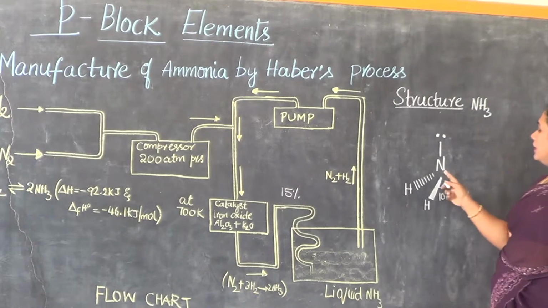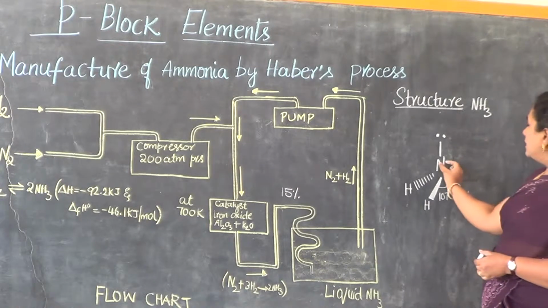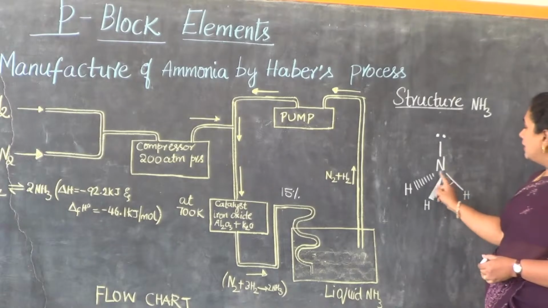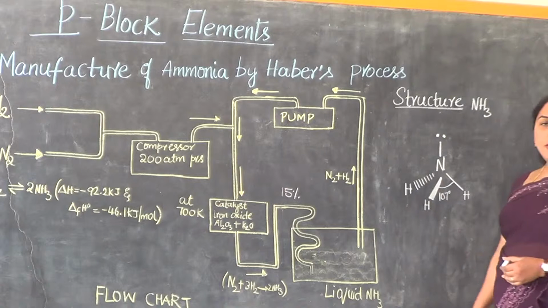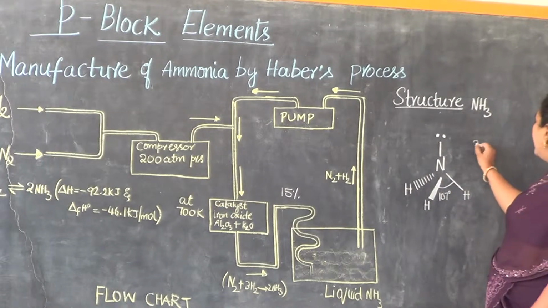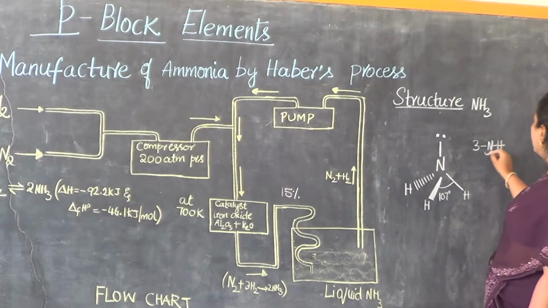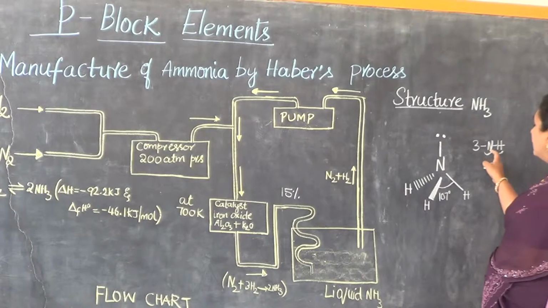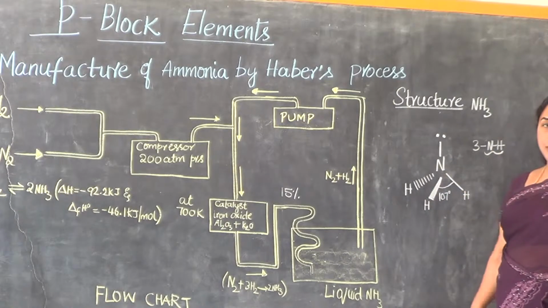It is known to be present like this, wherein the nitrogen atom is present at the apex, and this nitrogen atom is combined with 3 hydrogens, forming 3 N-H bonds. We have the presence of 3 nitrogen-hydrogen bonds. Each hydrogen has 1 electron, and 3 hydrogens are bonded with the same nitrogen.